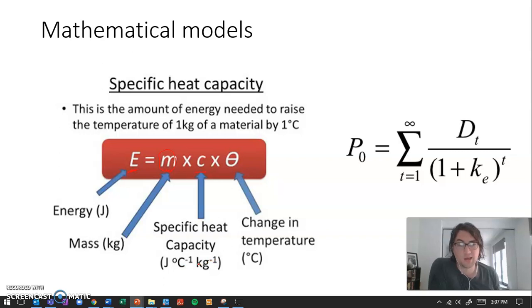So how much energy can 1 degree of 1 kilogram of that material hold, and then this little theta symbol here is the change in temperature. So this is a relationship saying that energy is dependent on the mass, how much energy a particular bit of material can hold, times the change in the temperature.